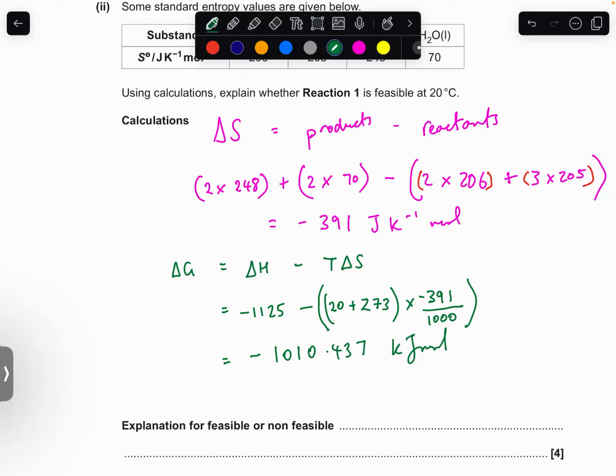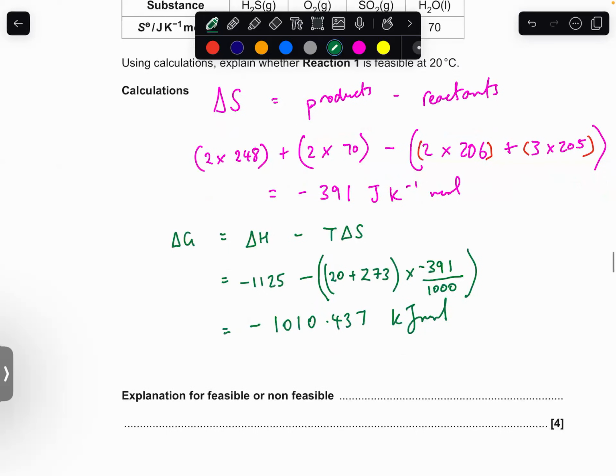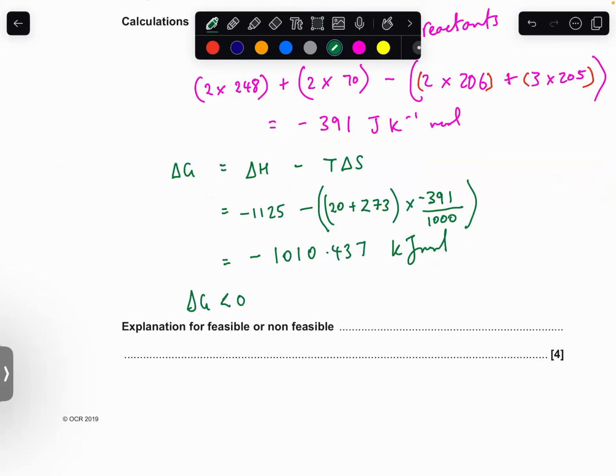Now, because delta G is less than 0, because it's a negative value, therefore it makes it feasible. That covers all the 4 marks.